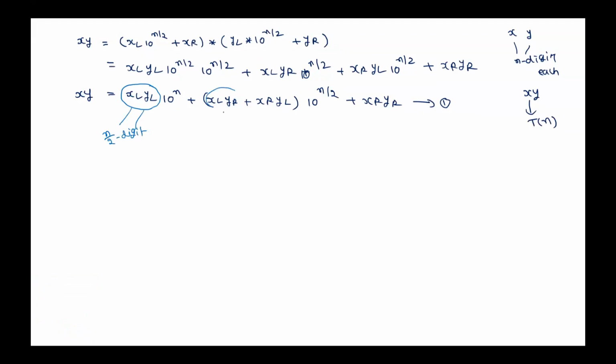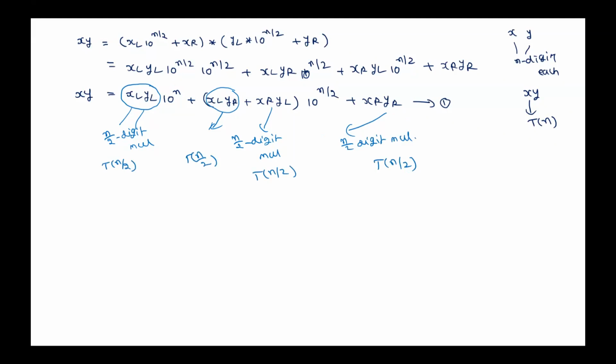This one is n by 2 digit multiplication, this is also, and this is also. Is that okay? So we are solving 4 subproblems. What is the time for each of the subproblems? T of n by 2, can you say? Is that okay?